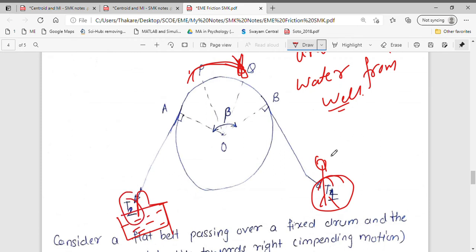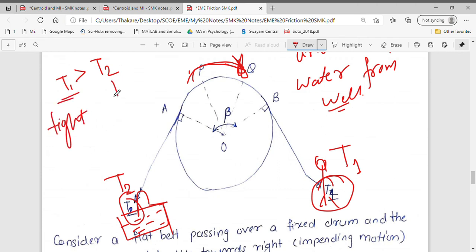So if the force applied on your side is considered as T1 and the force on the bucket is considered as T2, we will have T1 more than T2 for you to pull this bucket up. So here T1, which has more force, is considered the tight side, and T2, the side which has less force, is considered the slack side.